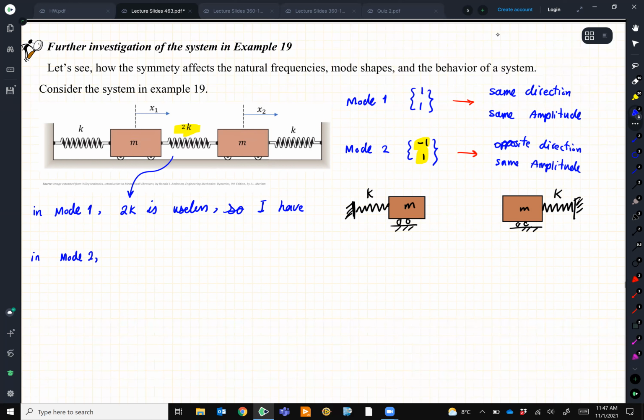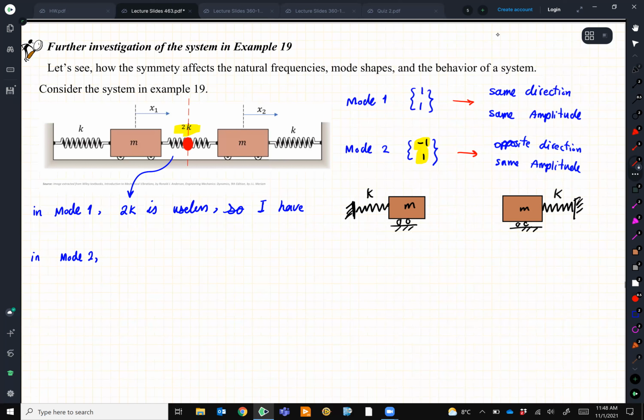Now try to visualize it. What's the deal with the stiffness in the middle? They go opposite direction. If you watch these things, do you agree with me that the point exactly in the middle of the spring is not going to move at all? Do you agree with that?